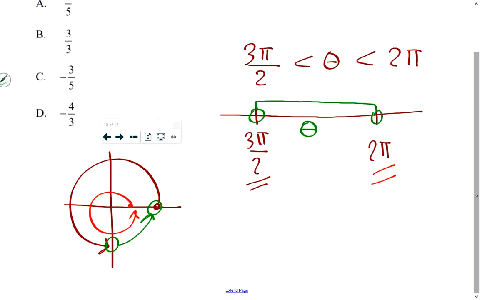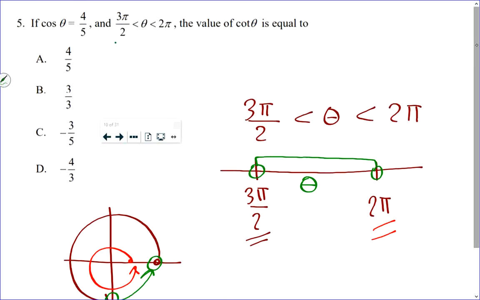And the reason why that's going to be important is with that piece of information here, what you now know is that x is positive and y is negative. And that leads to all kinds of conclusions. I haven't even read the question yet.